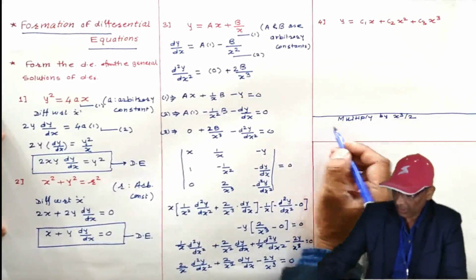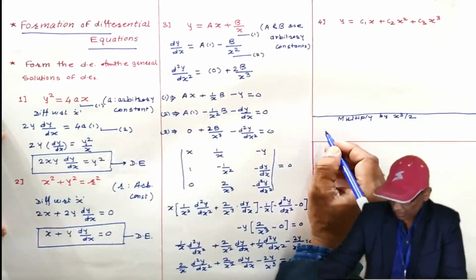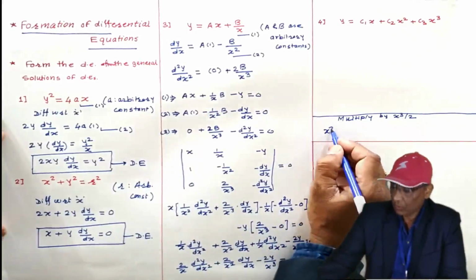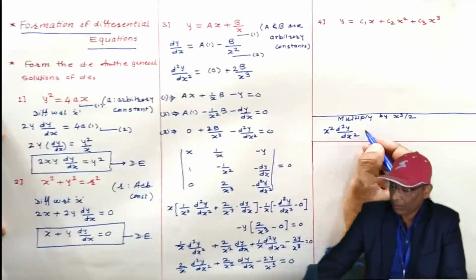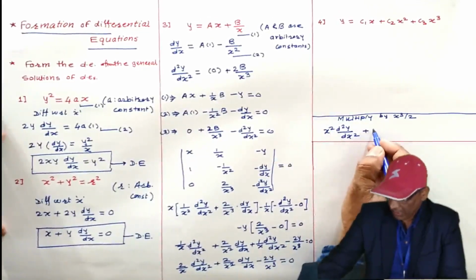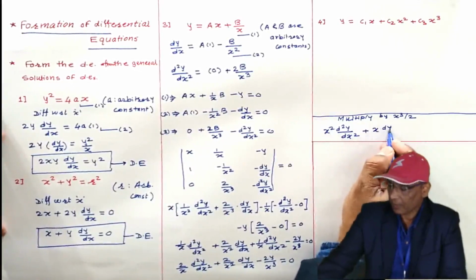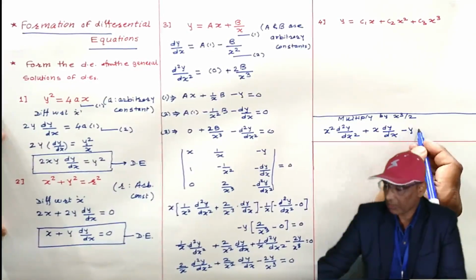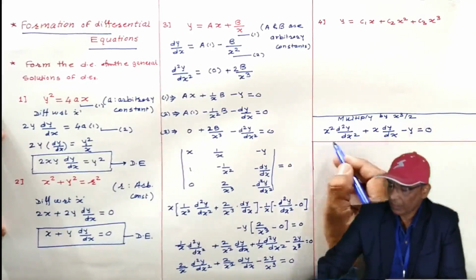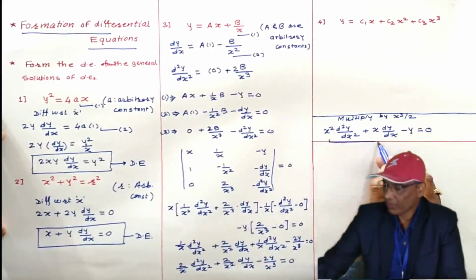What will happen here? Then x cube by x is x square d2y by dx square. Then here x dy by dx. Here minus y is equal to 0. Okay, so this is the most simplified differential equation now.